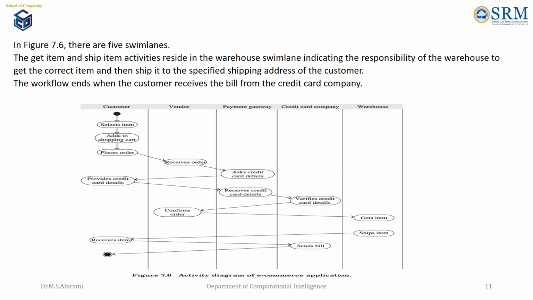These are two of the activities of a vendor. Similarly, the customer has to select the items and add an item to the shopping cart, place the order, and provide the credit card details. Finally, he has to receive the item after payment. Similarly, we have the activities for payment gateway, credit card company, and warehouse.